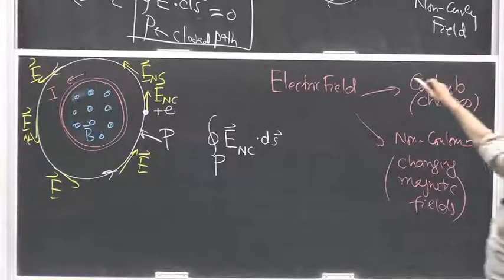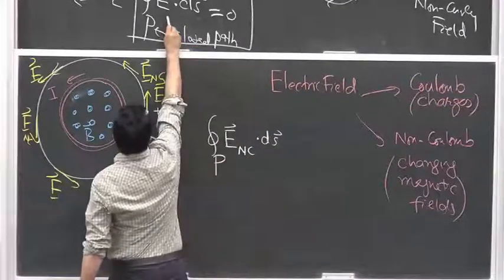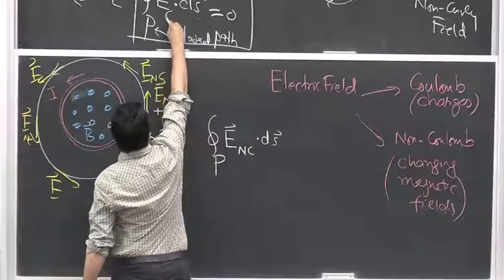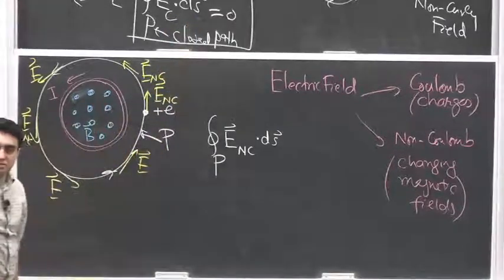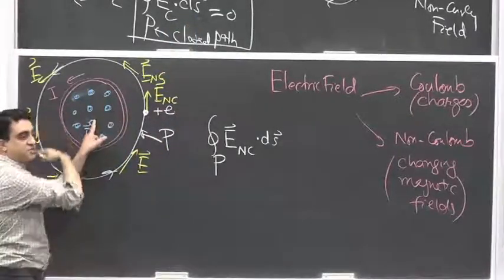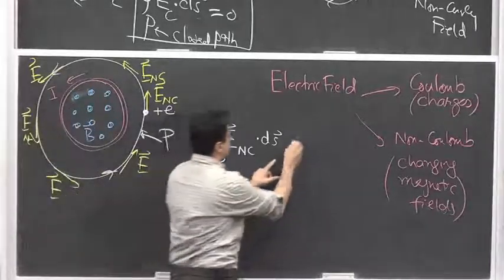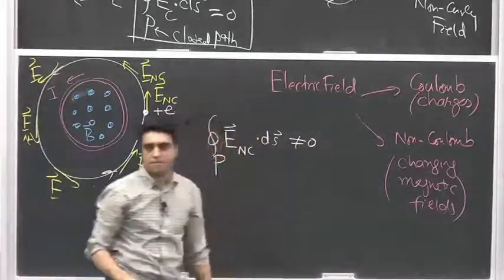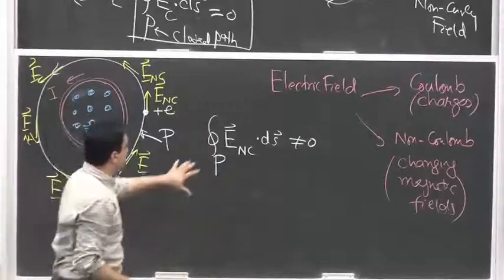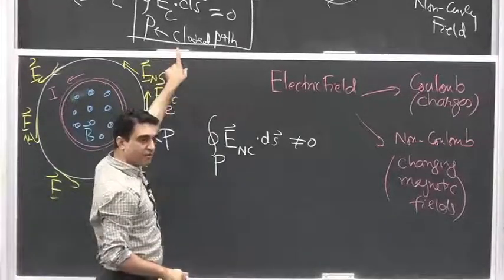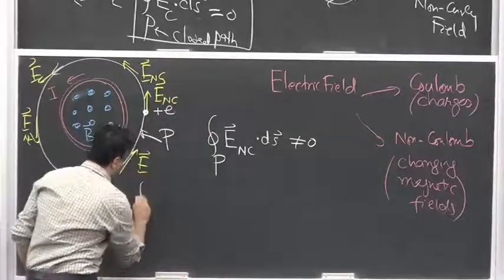What we said there for the electric field, if you do it for the Coulomb electric field, what you get is a 0 value. But now you have an electric field which is curly, so you would get a non-zero value. Which means that you have to modify that formula which was there.